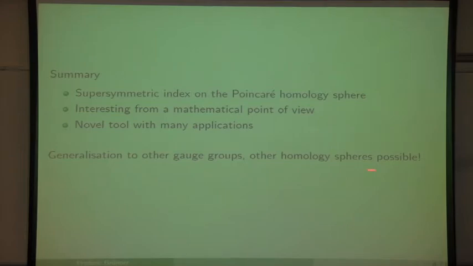In principle, what I've done here can be generalized to other gauge groups and other homology spheres. It's a straightforward process, it can just become arbitrarily complicated. Maybe there's some systematic way of addressing this, but that's to be studied in the future. Thank you.